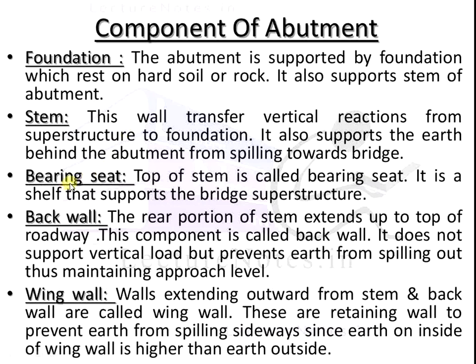Next is the bearing seat. The top of the stem is called the bearing seat. It is the shelf that supports the bridge superstructure. Next, the back wall. The rear portion of the stem extending up to the top of the roadway is called the back wall.